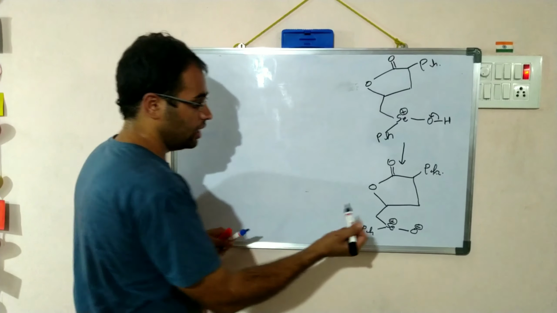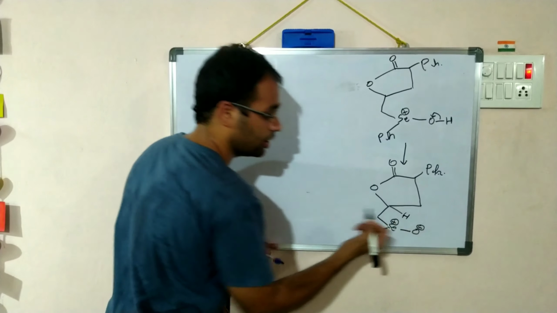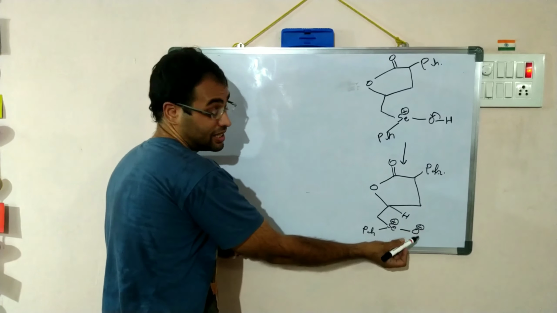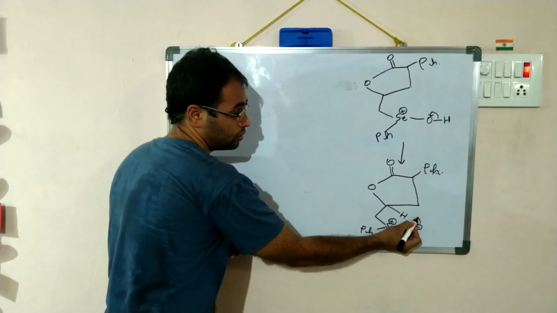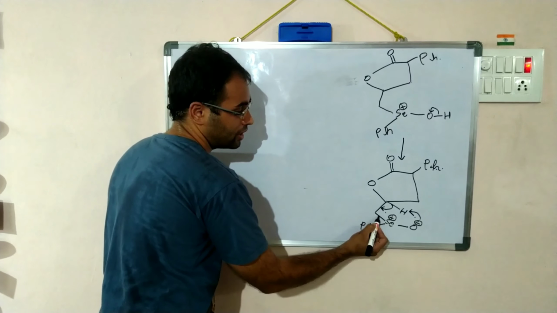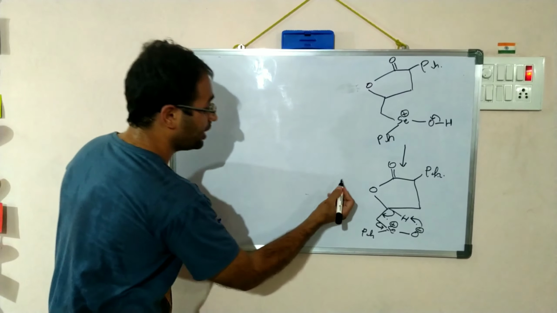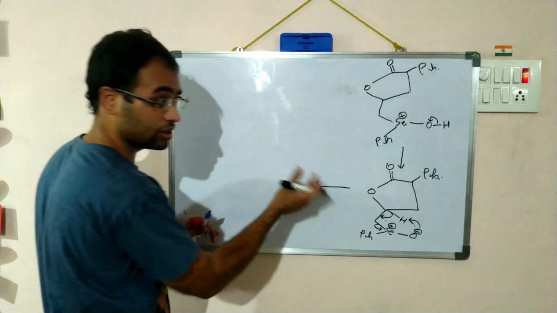To stabilize itself, this compound, oxygen here, abstracts this neighboring proton here, and this bond pair moves here, and this selenium group is released out. So what we finally essentially get is this.